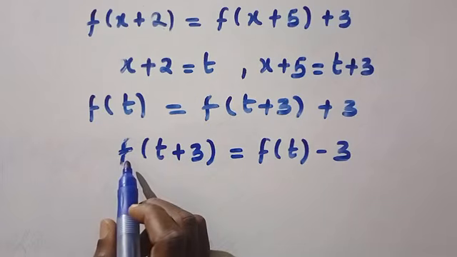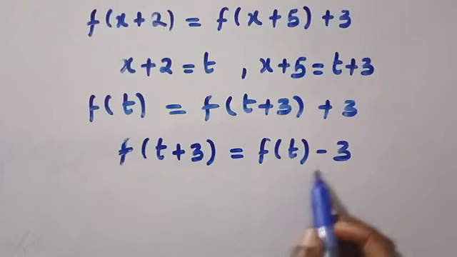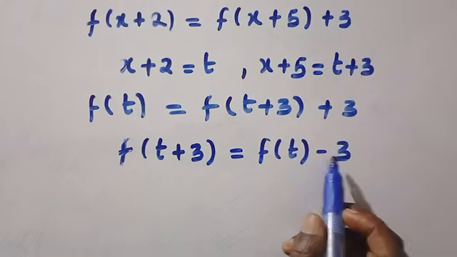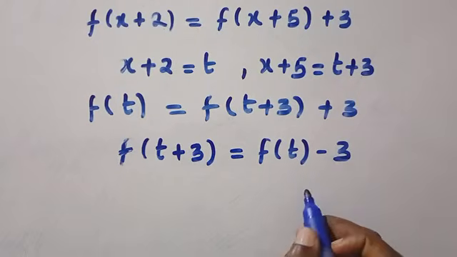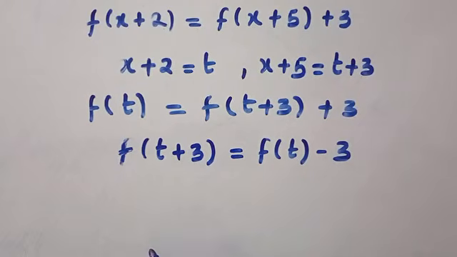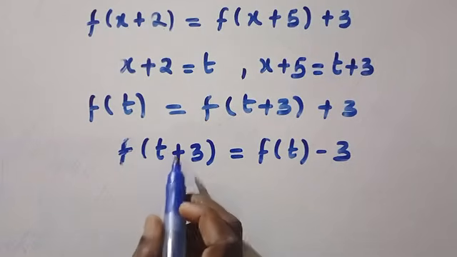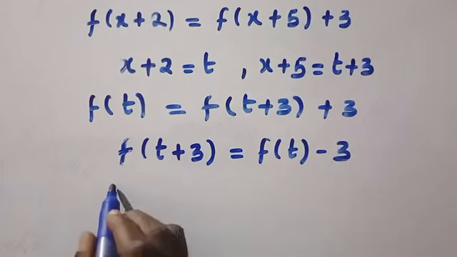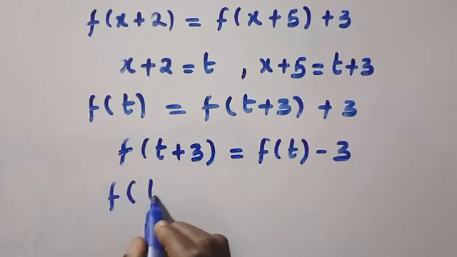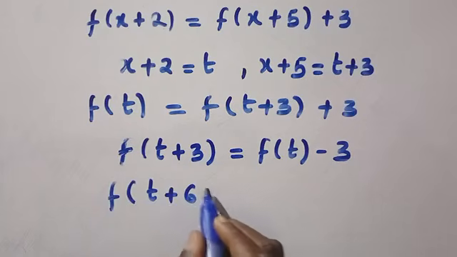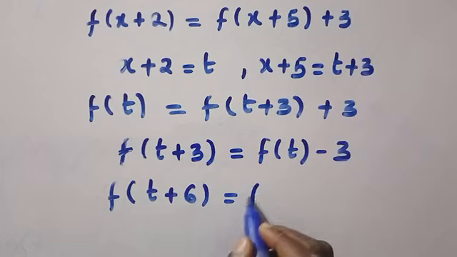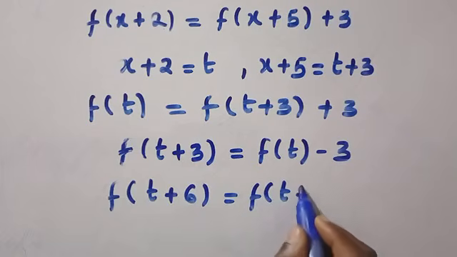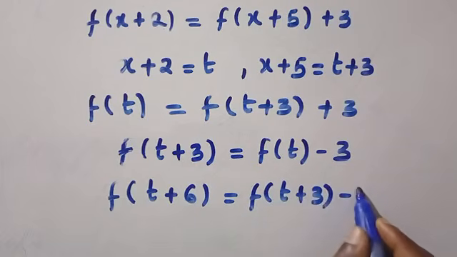Since what we have here is t plus 3 and it gives us f of t minus 3, let's try to look for a particular pattern if this will work. Suppose I increase this by 3, we are going to have f of t plus 6 equals f of t plus 3, then minus 3.